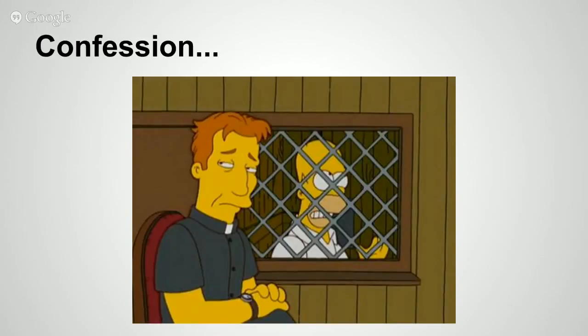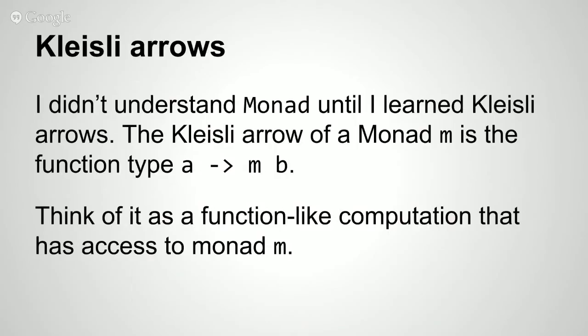But my confession is that I didn't really understand the monad laws until I was introduced to the concept of the Kleisli arrow. And a Kleisli arrow, you can think of it as a function-like computation that has access to a monad.